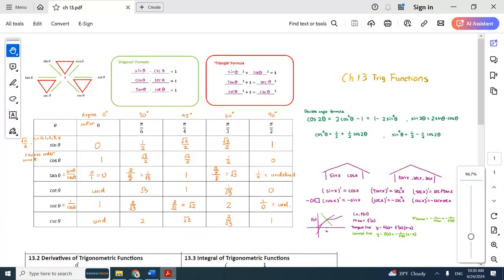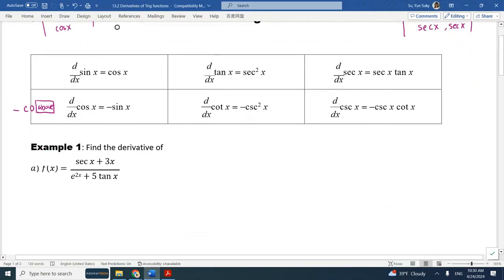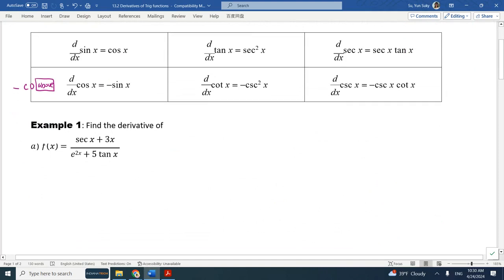Okay? And let's see. So we're ready to find the derivative of the following. And when you differentiate, look at it from the outside to the inside. And look at this guy, the outside format. Something over something. What is that? Product? Something over something. Quotient. Yes. So we use quotient rule.